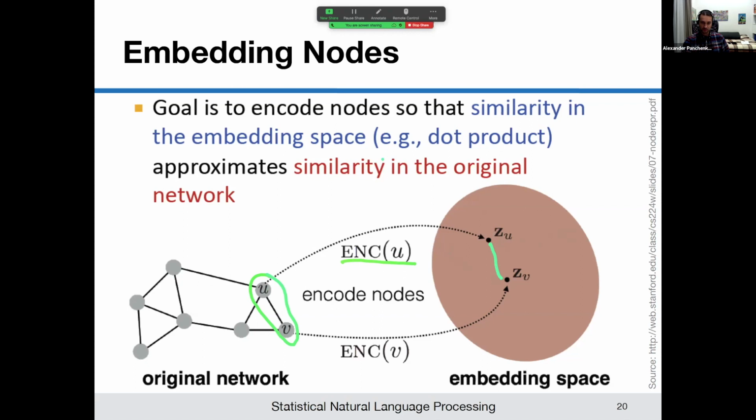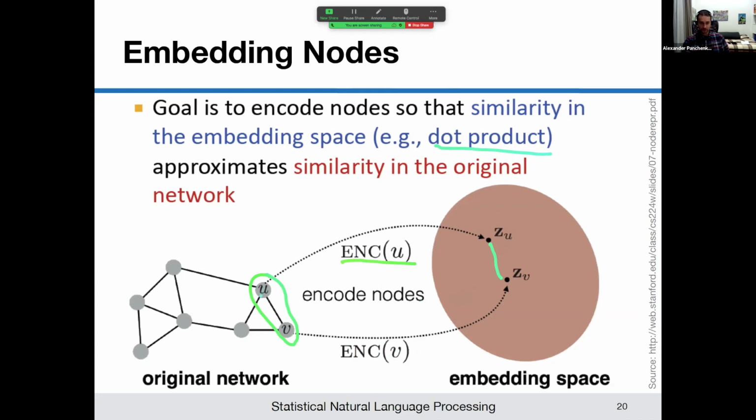The common choice is to use dot product or cosine similarity, which is basically normalized dot product. But other common notions of similarity or distance, such as Euclidean distance, might also be applied as a measure of success for this kind of embedding.